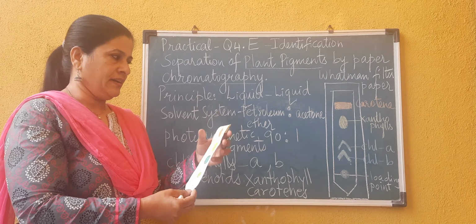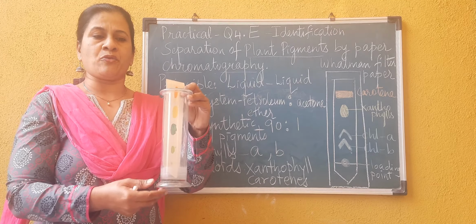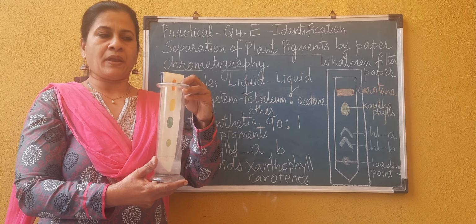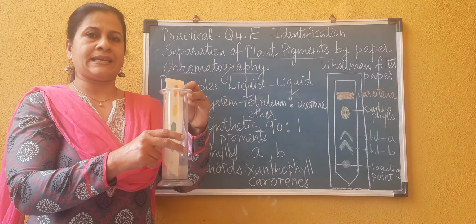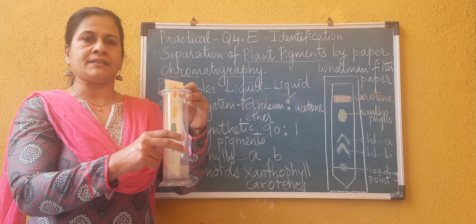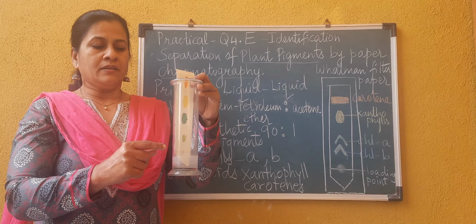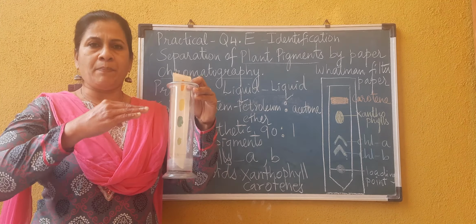with petroleum ether. Only the lower part of the strip is allowed to be dipped in the petroleum ether, or in the solvent. This whole system is kept undisturbed for a few minutes. The solvent moves on the paper.